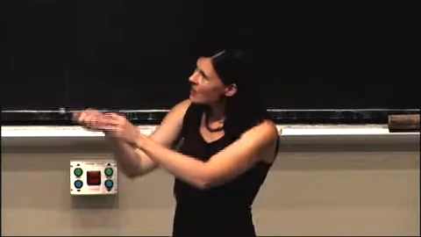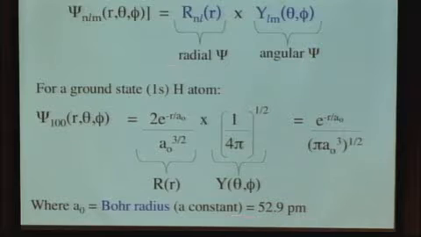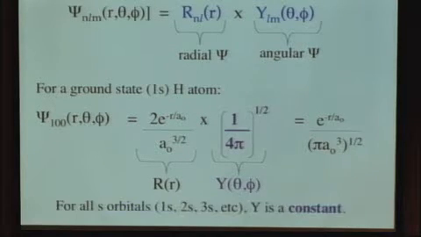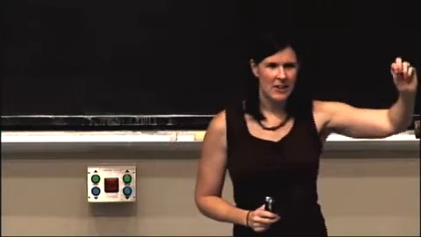The more important thing that I want you to notice when you're looking at this wave equation for a 1s atom is the fact that if you look at the angular component of the wave function, you'll notice that it's a constant. It doesn't depend on theta. It doesn't depend on phi. No matter where you specify your electron is in terms of those 2 angles, it doesn't matter.